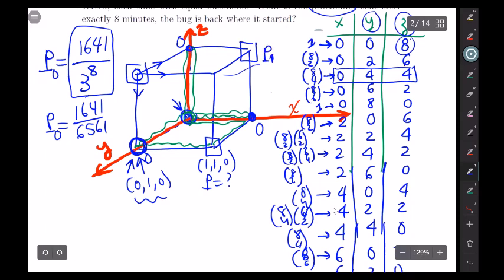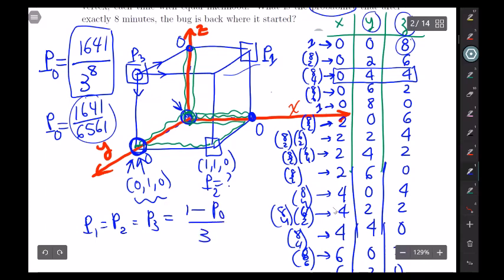Let's call them P1, P2, and P3. They are all equal to each other, because of symmetry, and that probability better be 1 minus whatever P0 was, all divided by 3. That's it. And interestingly, you already suggested it's very close to 1/4.